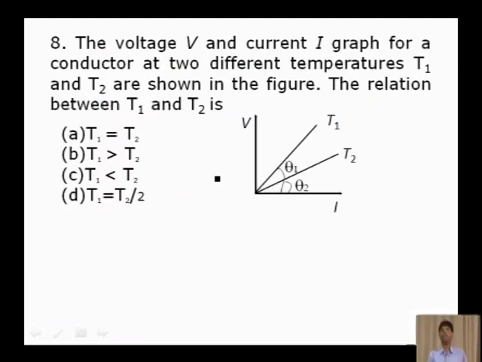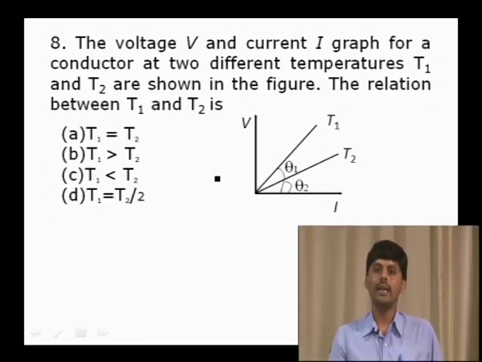Question number 8. The voltage V and current I graph for the conductor at two different temperatures T1 and T2 is shown in the figure. The relation between T1 and T2 is: option A, T1 is equal to T2; option B, T1 greater than T2; option C, T1 less than T2; option D, T1 is equal to T2 by 2.